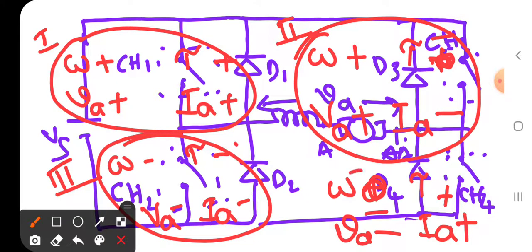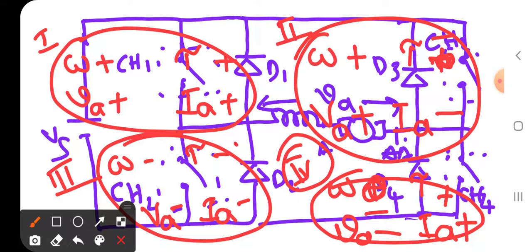So this is the fourth quadrant operation. Try to get the four quadrant operation with the help of that circuit. What you have to do is turn on and turn off the switches according to your requirement. Next, let's see one more topic, which is called closed loop control.